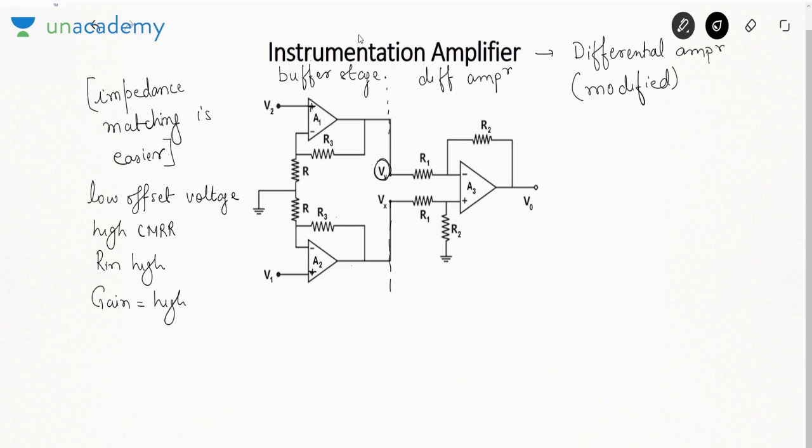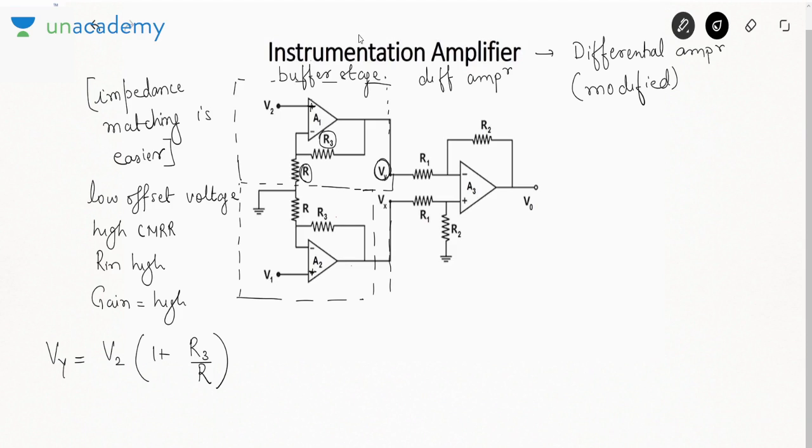So if you find out Vy, this is simply a non-inverting amplifier, both above and below. So if you want to find out Vy, I'll apply the gain of the non-inverting amplifier, 1 plus Rf, where Rf is the feedback resistance R3, by R. R is the resistance connecting the negative terminal to ground.